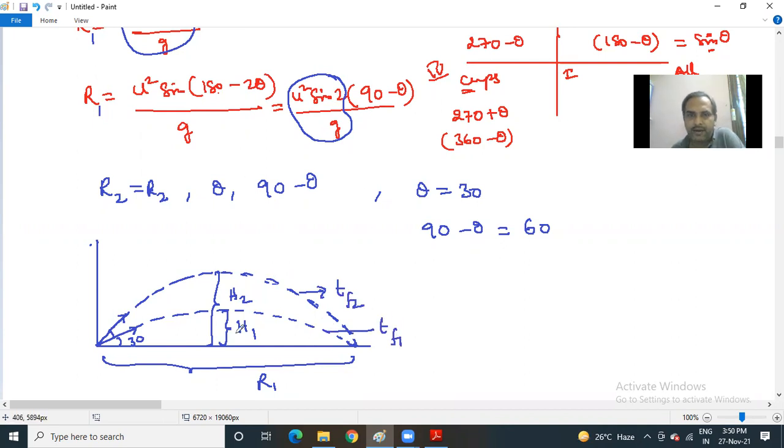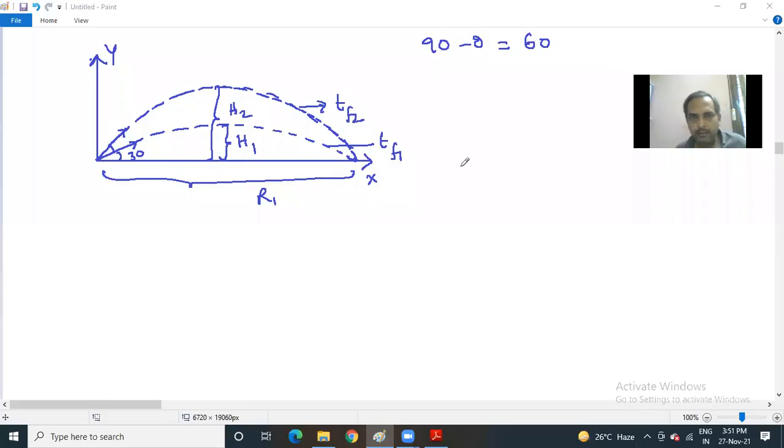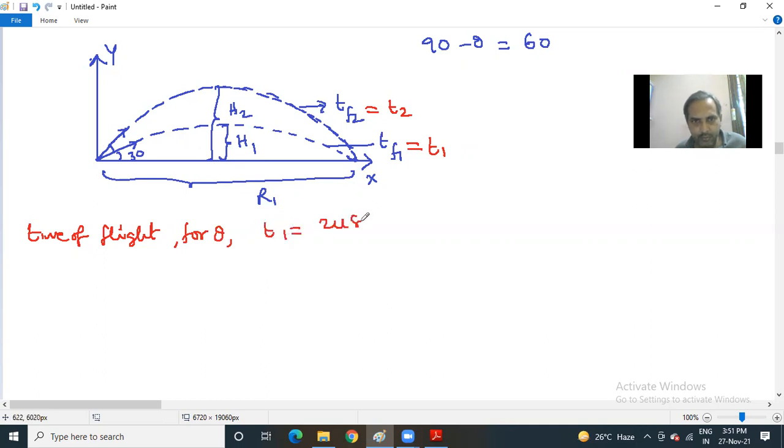So let us try to find out time of flights at theta and 90 minus theta, H max at theta and 90 minus theta. Let us try to develop the equations, how they are related to range. In the first case, you treat this as T1. In the second case, you treat this as T2. So time of flight for theta: T1 is equal to 2u sin theta by g.